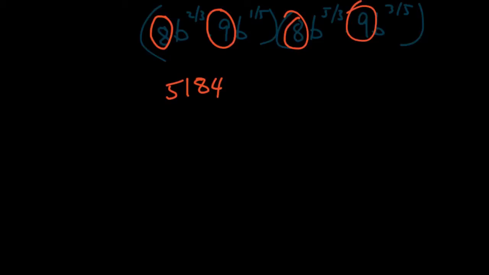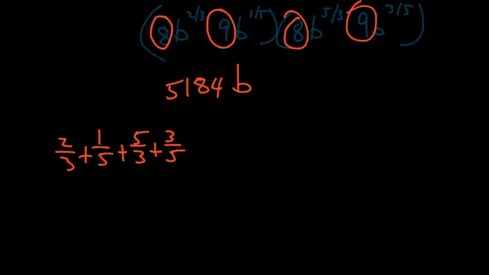And then adding exponents, it's going to be b to the sum of all these fractions: 2/3 plus 1/5 plus 5/3 plus 3/5. I'm just going to use a calculator to add those fractions, adding the exponents of b.